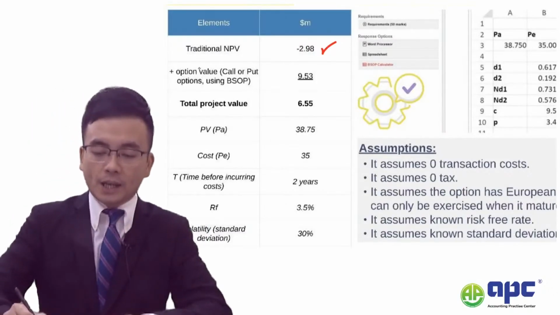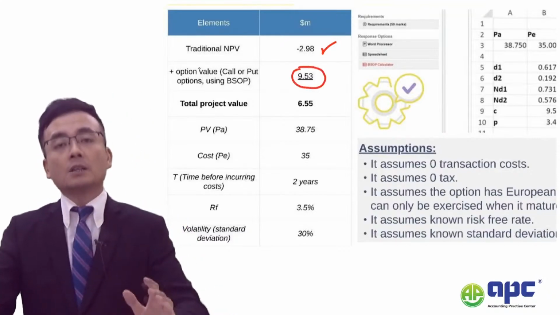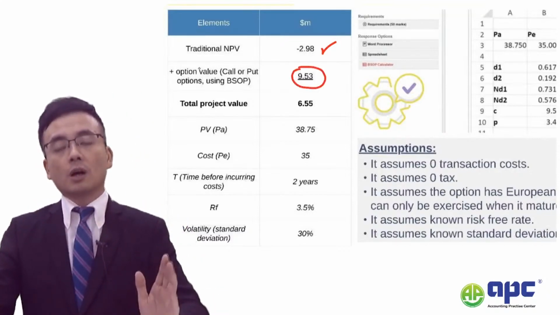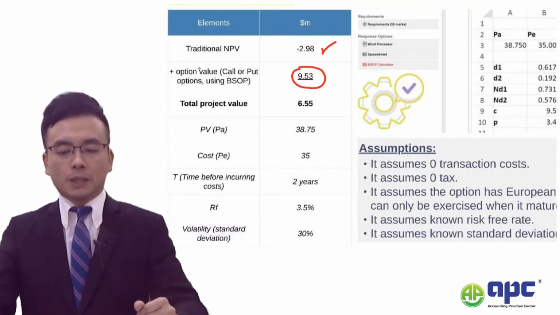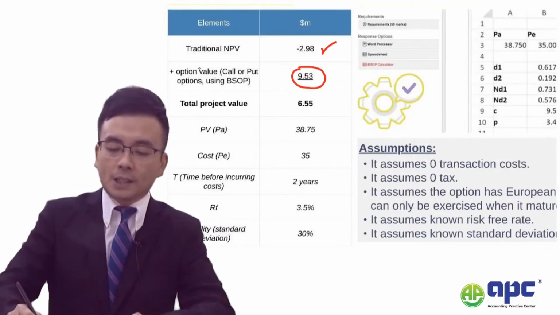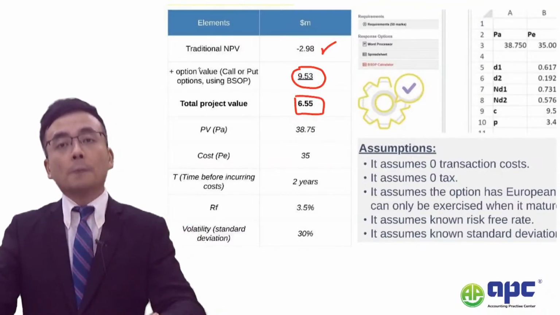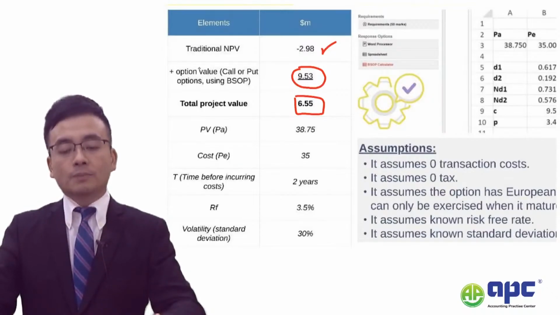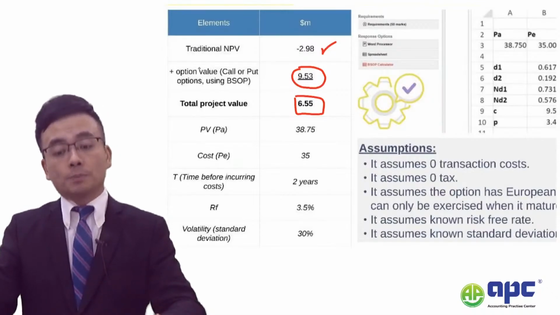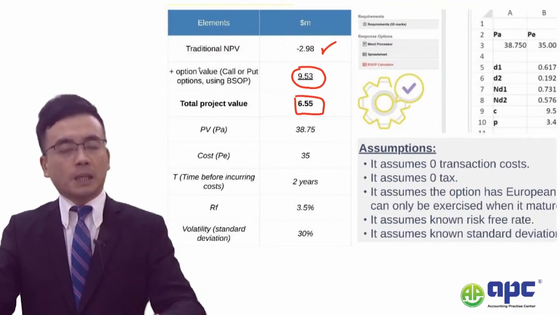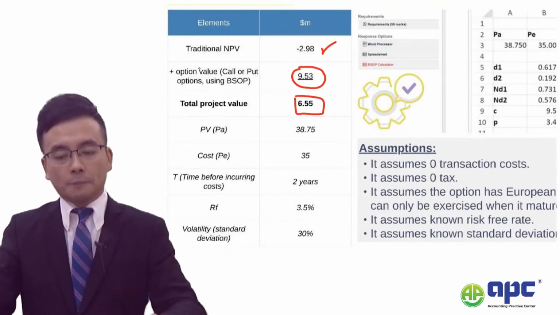So therefore, we can calculate the option value using the Black-Scholes option pricing model, the BSOP model here. So plotting that, the total project value will be 6.55. So this means that our investment decision could be based on the total project value by incorporating the option value in there.